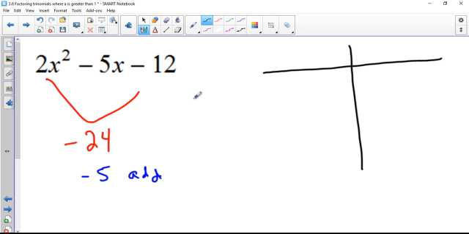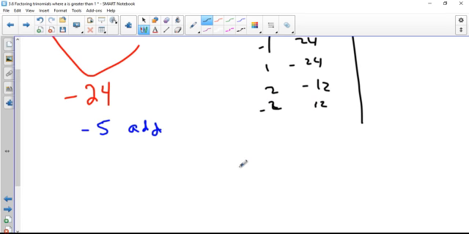And it is a big difference. So we've got 1 and minus 24, and minus 1 and 24. We've got 2 and minus 12, minus 2 and 12. We've got 3 and negative 8, and negative 3 and 8, and 4 and minus 6, and minus 4 and 6.